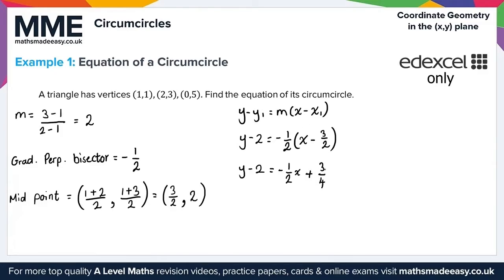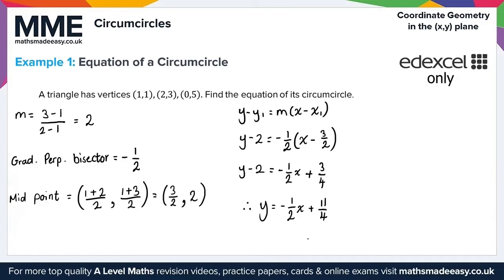If we want this in the form y equals mx plus c, we just need to add 2 to the left hand side and the right hand side. So y is equal to minus a half x plus 3 over 4 plus 2, and 3 over 4 plus 2 simply gives us 11 over 4. So that's the first step there.